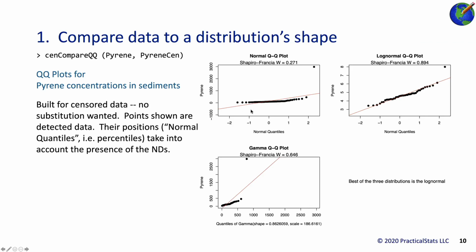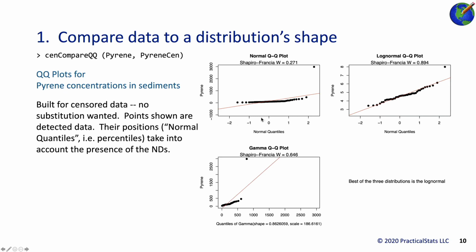And so these kinds of plots take into account the Nondetects when it's computing what quantile or percentile. This is just a linearized set of percentiles with the 50th percentile at 0 in the middle. It is just putting all of the detected values at their positions that they would have if there had been all of the data above the detection limit.